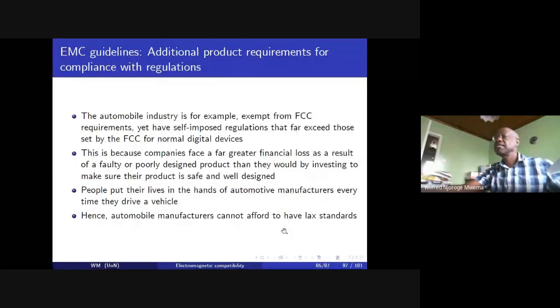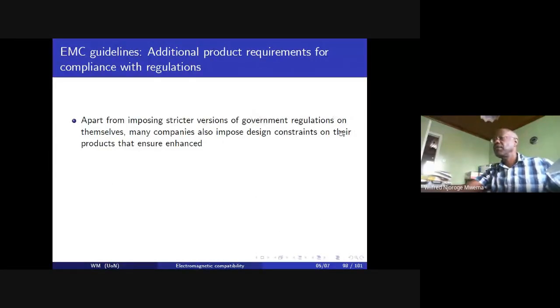So apart from imposing stricter versions of government regulations on themselves, many companies will also impose design constraints on their products that must be enhanced as well. So they will ensure radiated and conducted immunity. That is, your equipment will not be interfered with when it's operating.